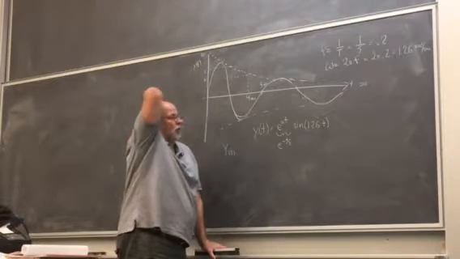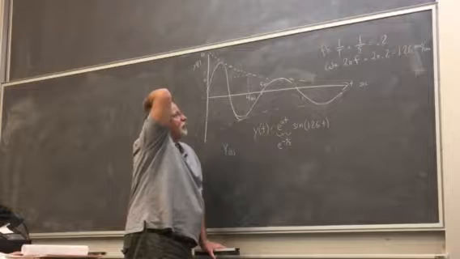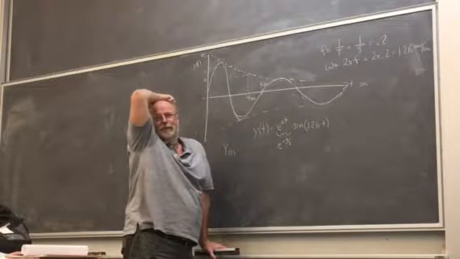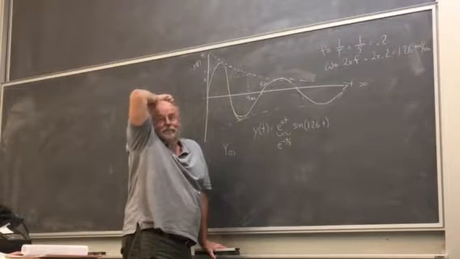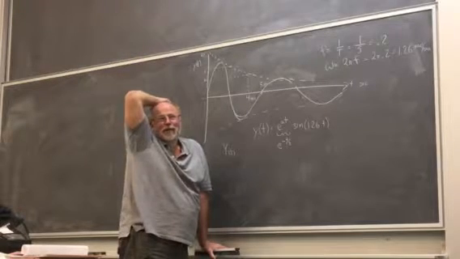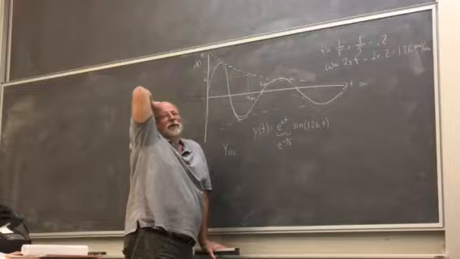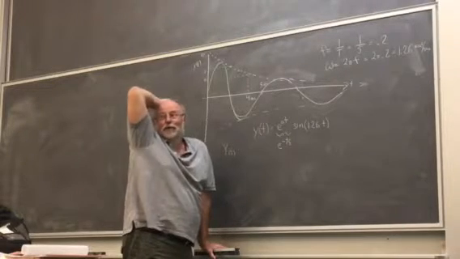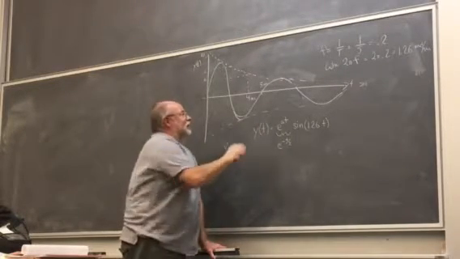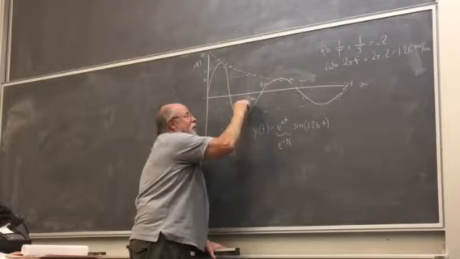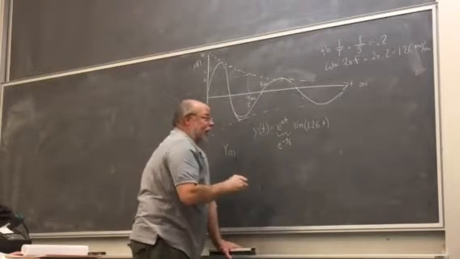So what is tau? One fourth. Tau, not a. What is tau? 4. Yeah, it's 4 seconds. So that equals tau. So what is a?